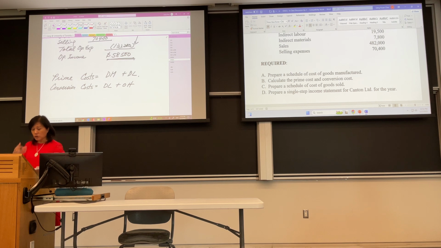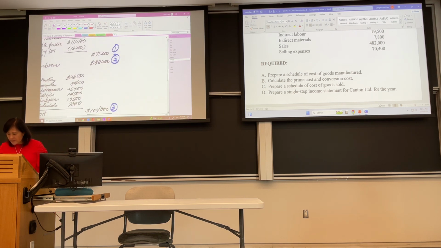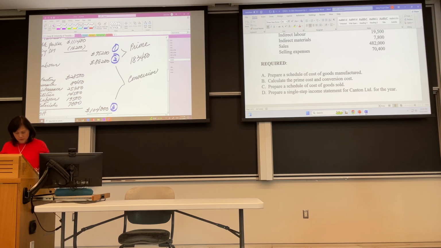Who cannot do this? So I'll ask you this in the midterm exam, okay? So number one, number two, the two together, this is called prime cost. Prime cost is 183,400. Conversion cost, the two together is 192,200.